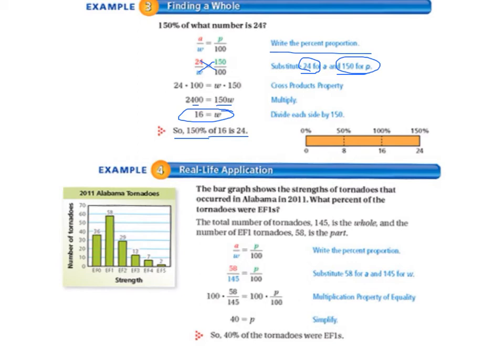Example 4 is our real-life application. The bar graph shows the strengths of tornadoes that occurred in Alabama in 2011. What percent of the tornadoes were EF1s? So it says the total number of tornadoes, 145, is the whole.